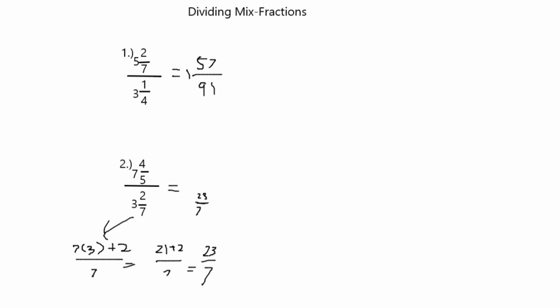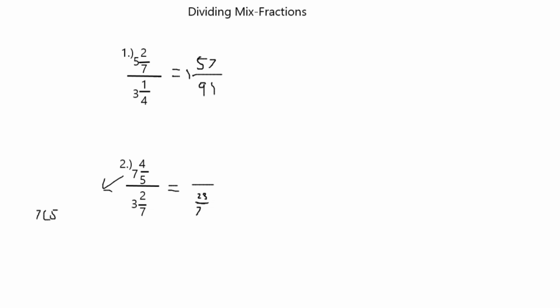So do you have it? You have 23 over 7 sa taas, sa denominator. That's another denominator. Because look at this fraction, this is complex. I remember solving na puro ganyan, and that's easy to solve.